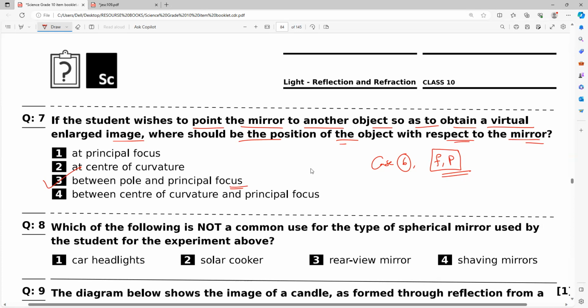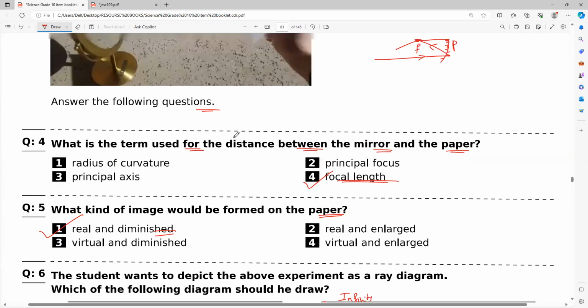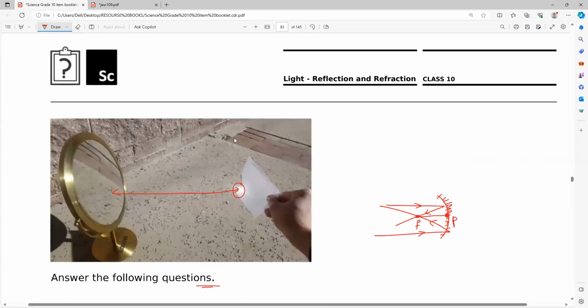Make it, everyone. Next. Which of the following is not a common use for the type of spherical mirror used by the student in the experiment above? They are not asking which is not an application of that; what mirror is the student using? Concave mirror.